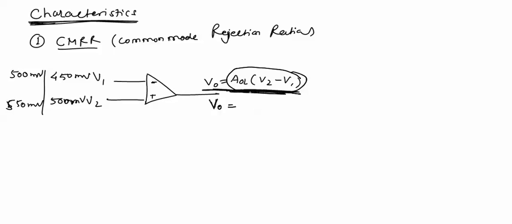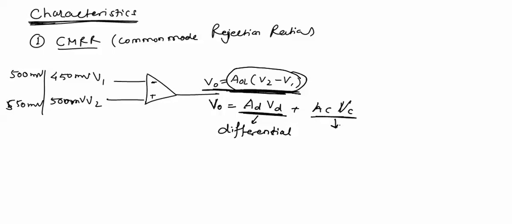But practically the output equation is AD into VD plus AC into VC. This AD into VD is called the differential output, which we are considering up to now, and this is an additional output which is called the common mode output.